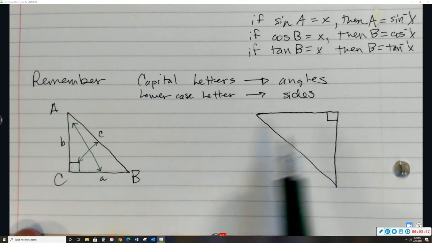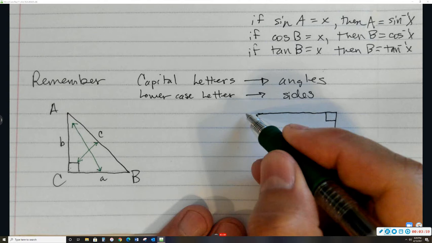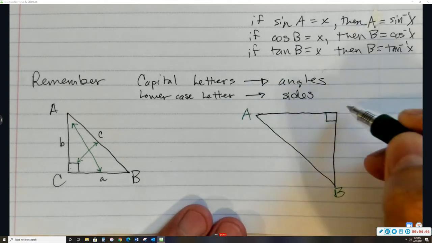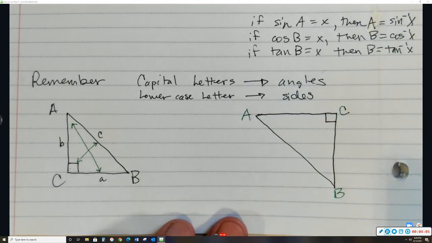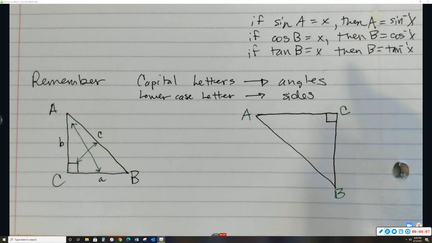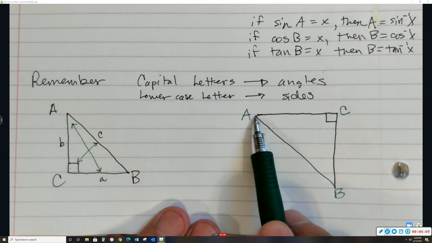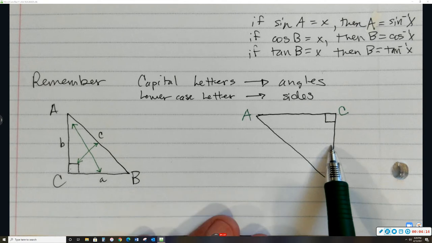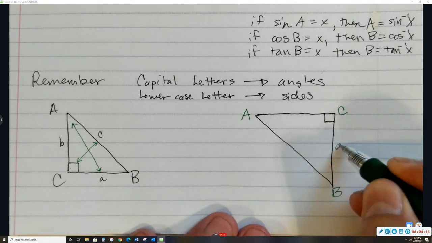Let's say we had a triangle like this, and this angle was A, this angle down here was B, and this one is C. I know where little a goes, because if I go across angle A, the side I run into is side a.